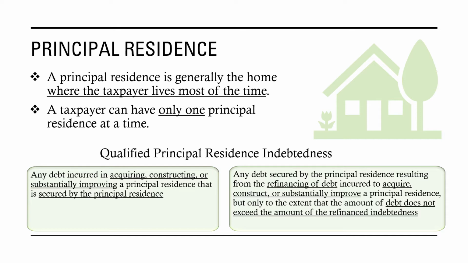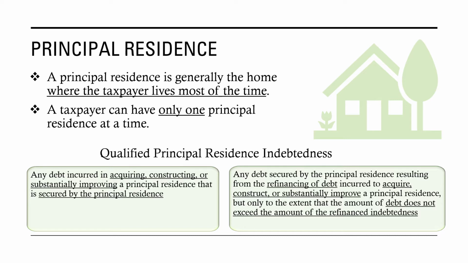So qualified principal residence indebtedness is any debt that the taxpayer incurred to either acquire, construct, or do a substantial improvement on their principal residence, and the debt would be secured by that principal residence.